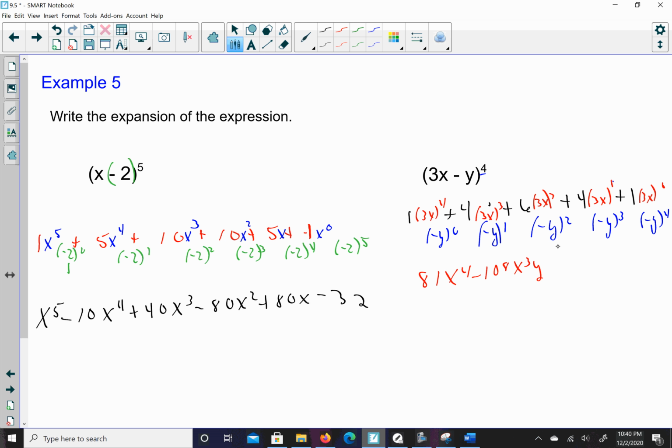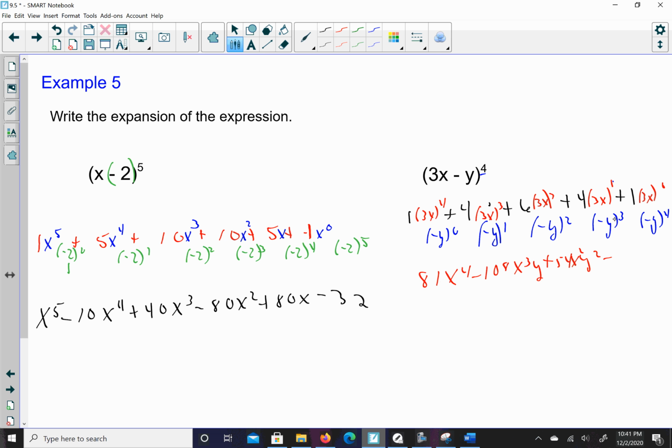And I really think this one would probably have been easier to do with a box. So y squared, so that's going to make that a plus. There's y squared, x squared, and then 3 squared is 9 times 6 is 54. Then this will be a negative, and you should notice that if this second term is negative, your signs are going to alternate positive, negative, positive, negative.